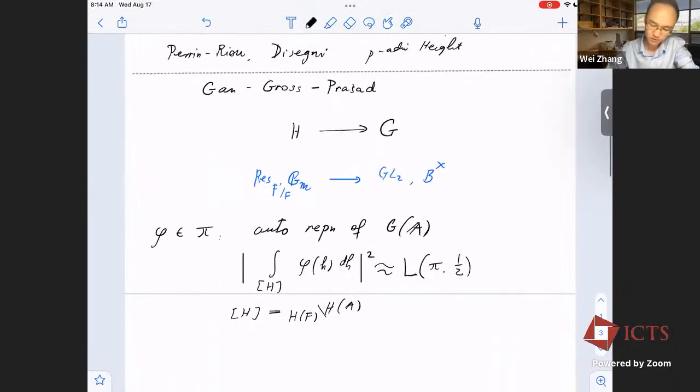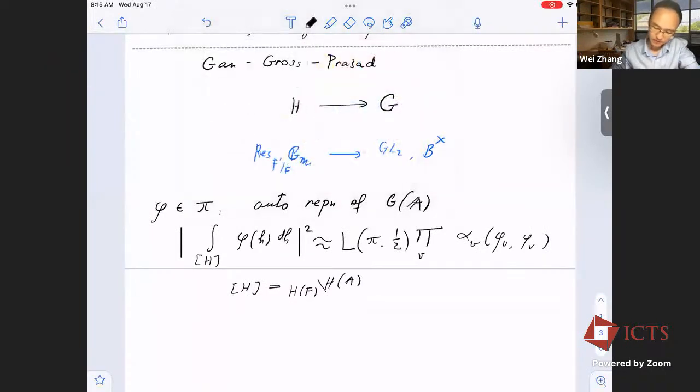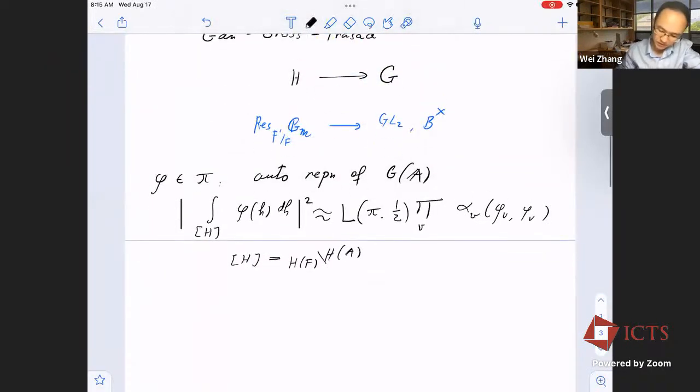So here it's one half that plays the central point. But there's also a local factor. You can view this as a factorization of an integral into a global factor, which is the special value of an L-function, but also an important local factor, which we write as α_v, φ_v, just doubled because I'm taking the square. This is the formulation of Waldspurger and Ichino–Ikeda.